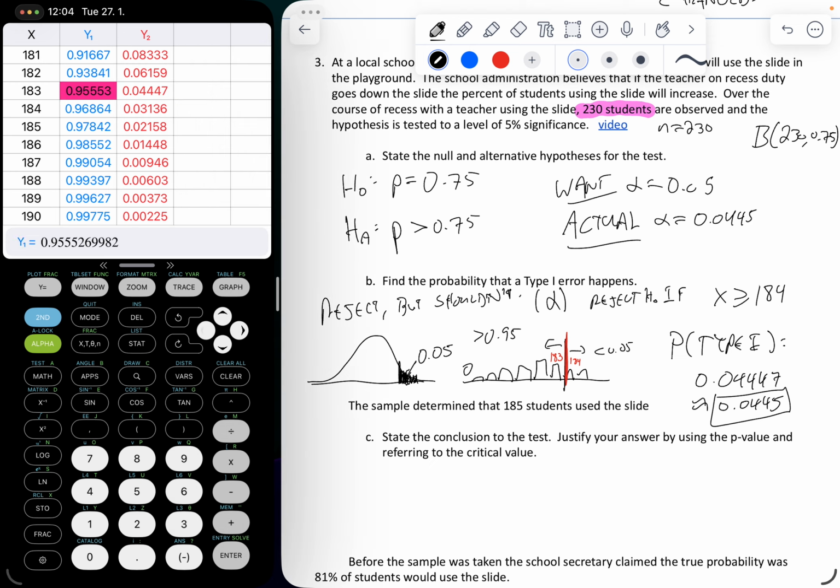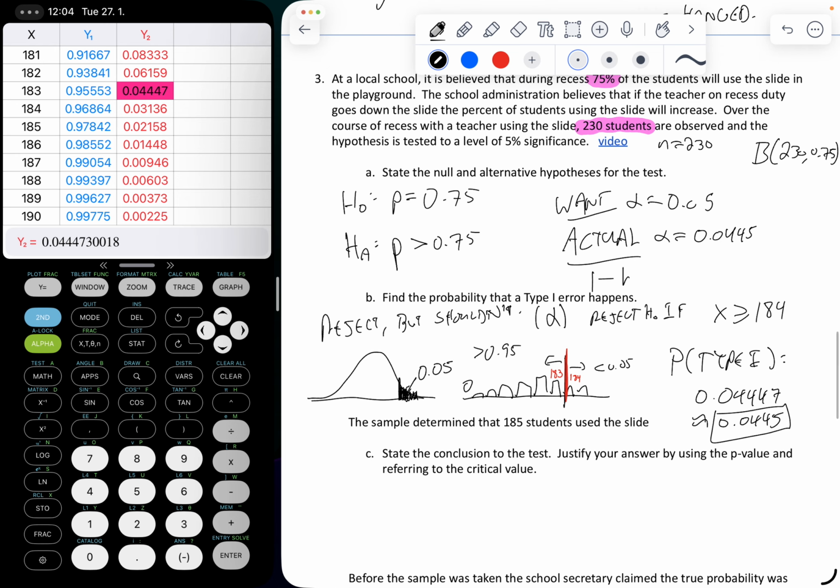Now, let's also think about this number here, because the 183 can be a little misleading. I see a lot of people think the critical region starts at 183. But let's think about what this means. That 183 for y2, what we're saying there is it's 1 minus binom CDF at x equals 183.